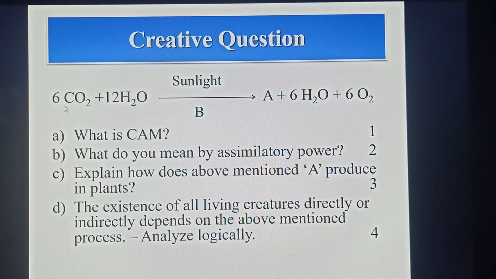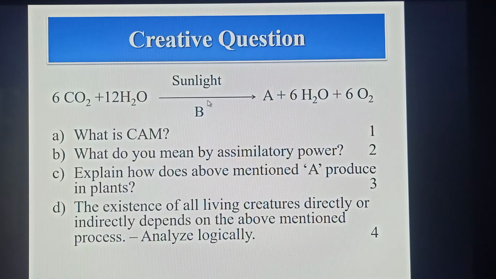So this reaction denotes the reaction of which one? Here it is sunlight, here it is water. In the presence of sunlight, only one process occurs, that means the presence of sunlight is mandatory. In the case of photosynthesis. So this is the reaction of photosynthesis.